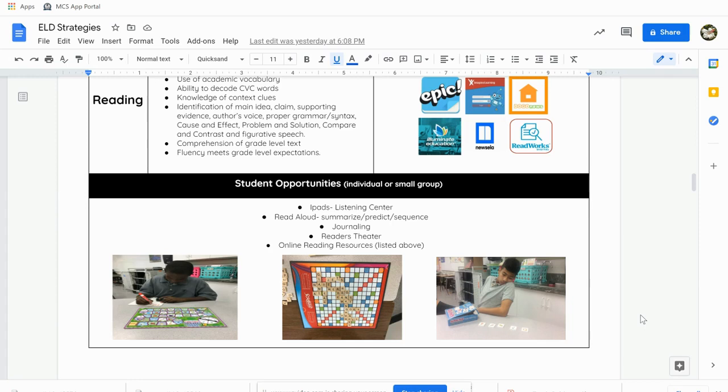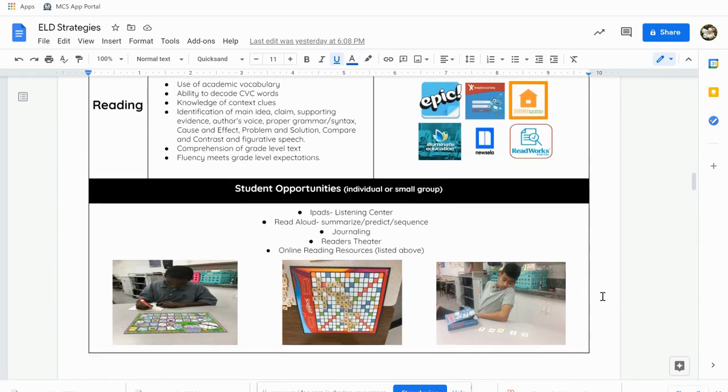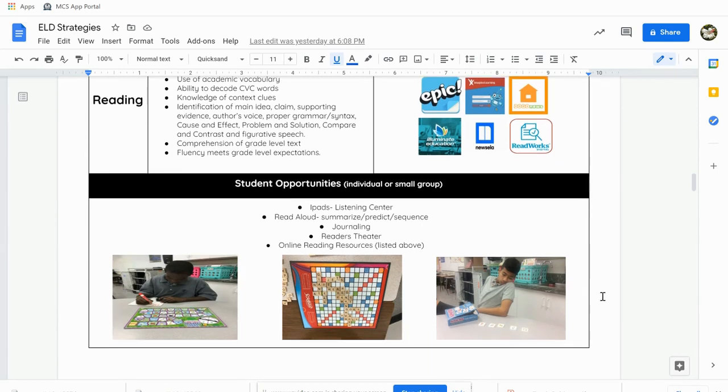So these are the types of activities when we are talking about reading and providing opportunities for our students. We have to go out of the box and think about how we learned English ourselves. If you have learned a second language, especially as an older person or as an adult, you know all of the things that helped you through the process probably were images, repetition, and hearing it.